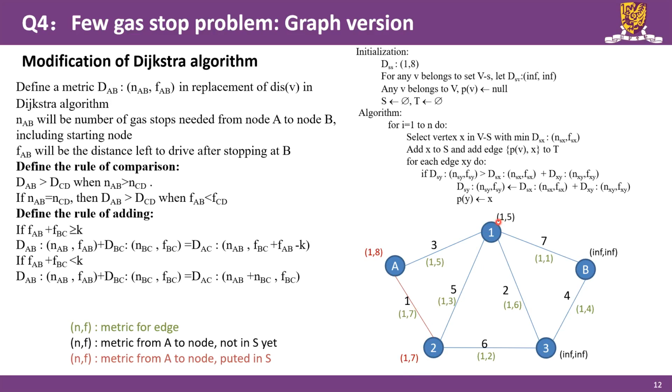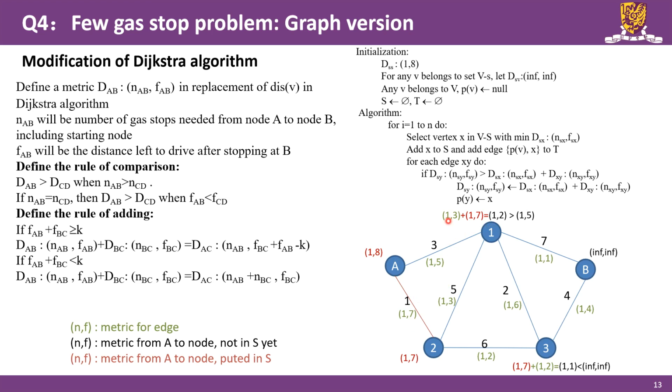measure the metric of its neighbors except the node that already have been added to S. So we will investigate the node 1 and node 3. For node 1, we will look into this path because node 1 is started from A to 2 to 1, comparing it with node A directly to 1.